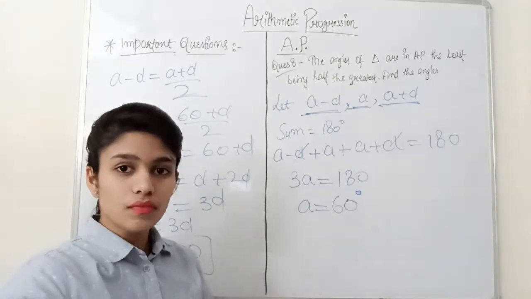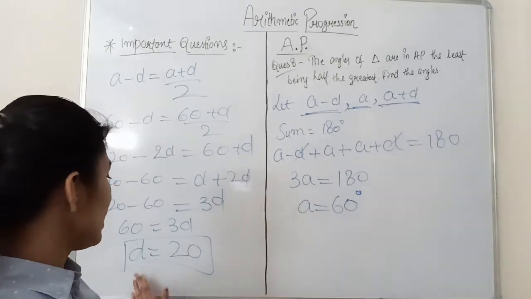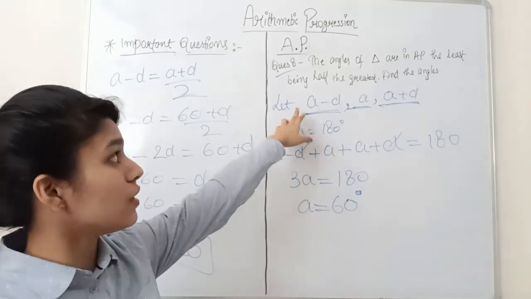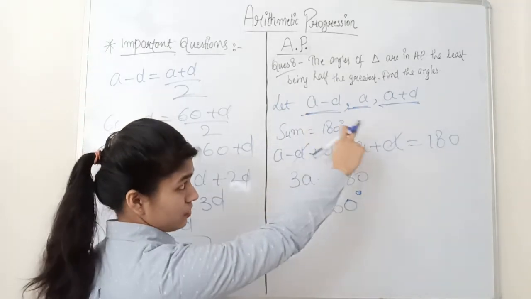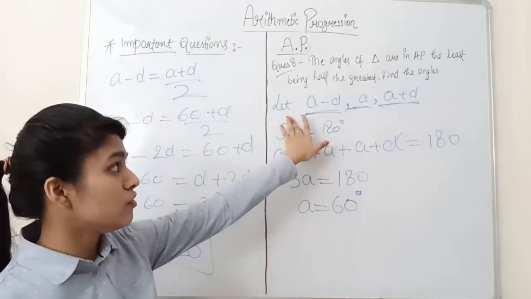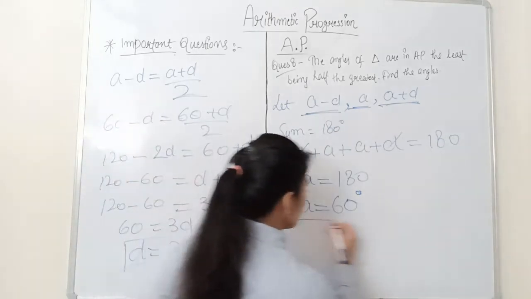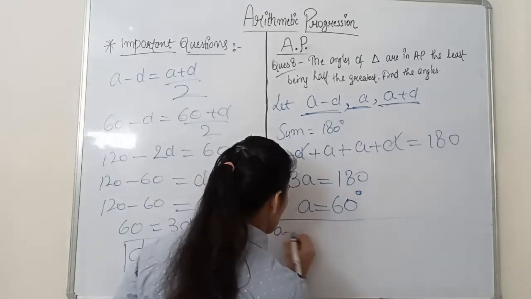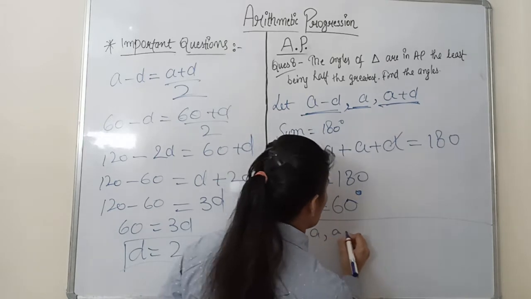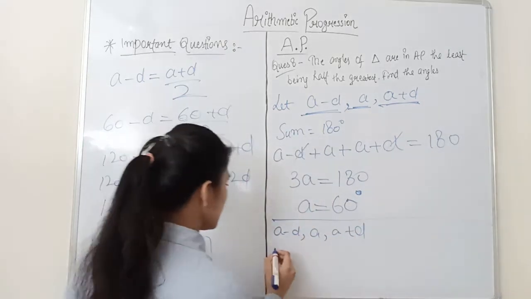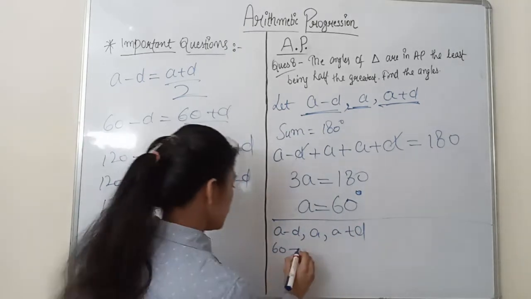So now we will put the values of d and a in the angles which we have assumed. So the angles will be a minus d, a, a plus d. What is a? 60. What is d? 20.